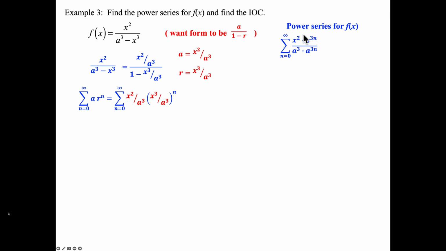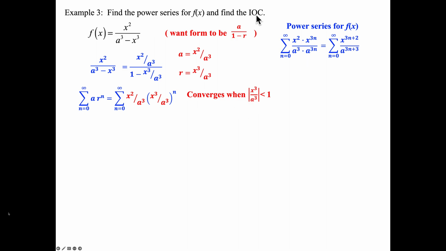And so this is going to change the top to x to the 3n plus 2 over a to the 3n plus 3, because we had a cubed. 3 plus 3n gives me 3n plus 3 as the power. So this would be my simplified form of my power series.